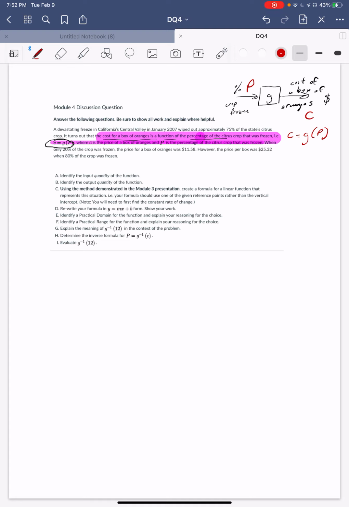So when it says identify the input quantity, it's not looking for a specific number. It's looking for something that you can assign a value to. So the quantity here for the input is the percent. I'm going to write that here. A, the input, is the percent of the citrus crop that was frozen.